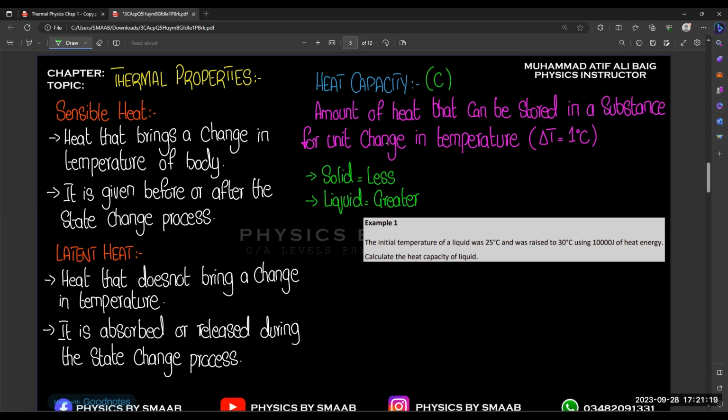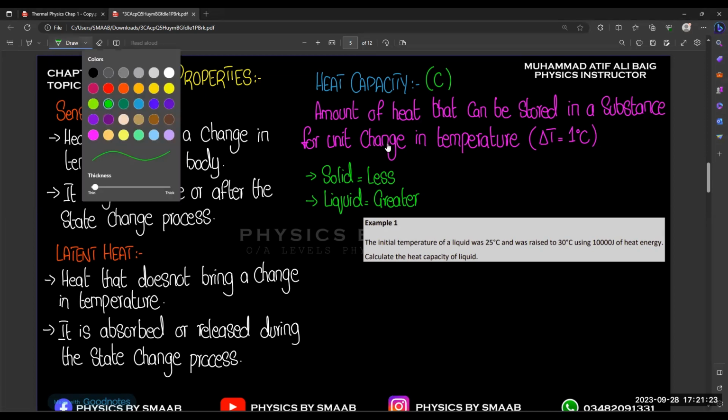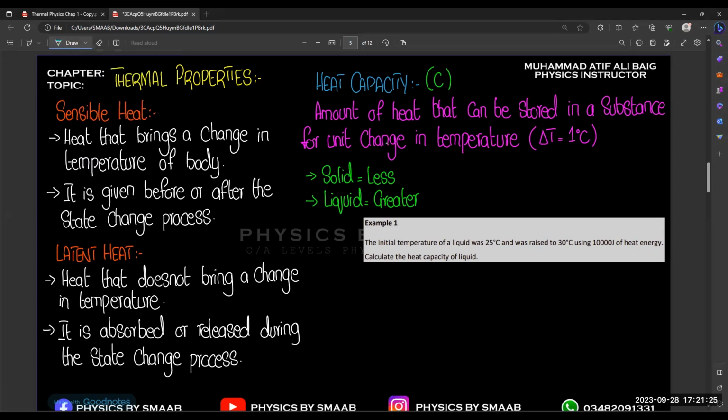Can you re-explain why solids have less heat capacity? Because molecules are very tightly packed, and it's easy for them to transfer heat energy, right? Let's suppose there are 10 students standing in one row, and you have to transfer a box from one point to another.